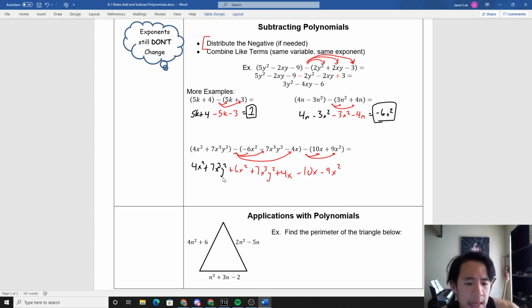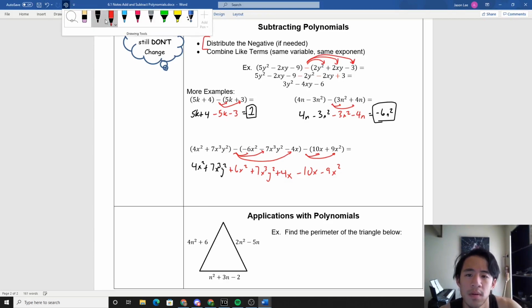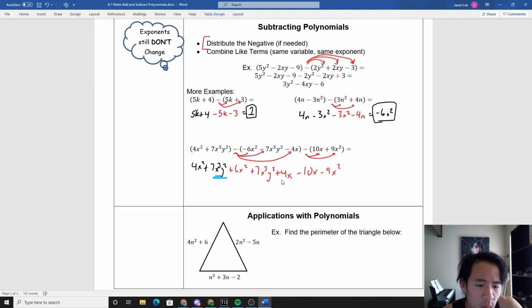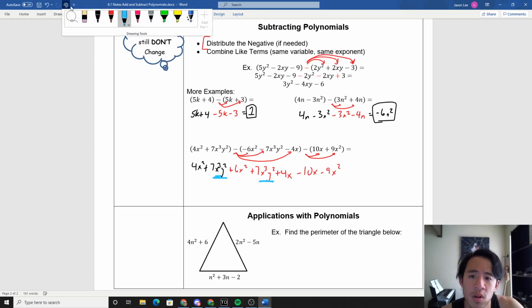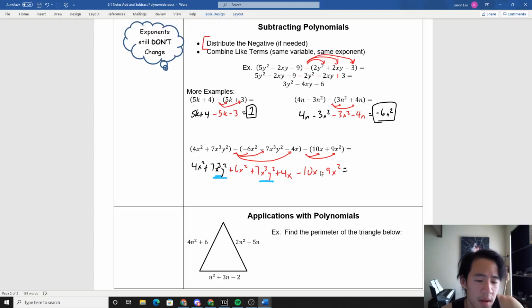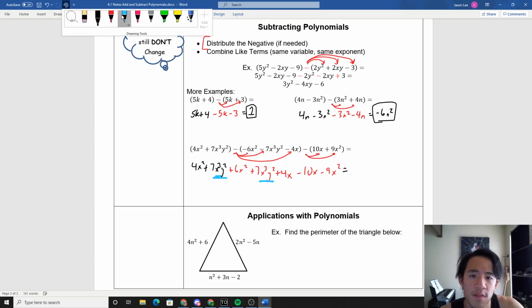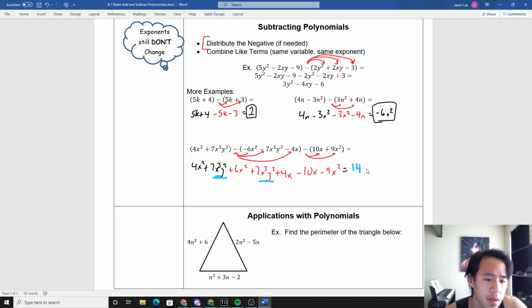All right. So let's combine like terms. So first, let's go ahead and do these monster looking ones, the x cubed y squareds. Those are the same, so we can combine those. So we will have, it looks like 14 x cubed y squareds.